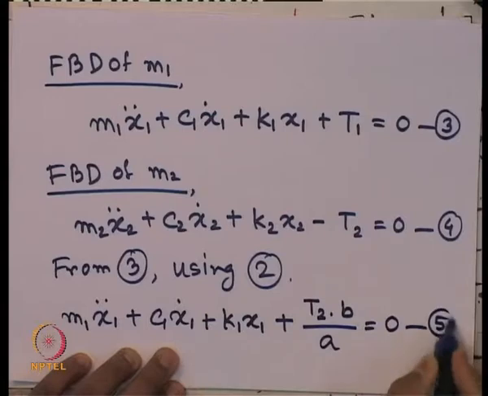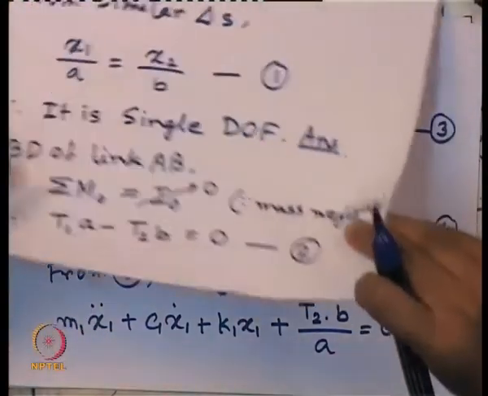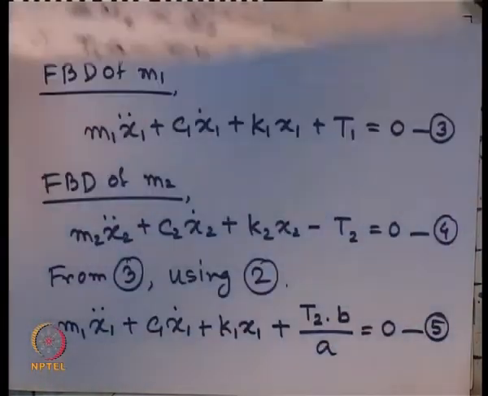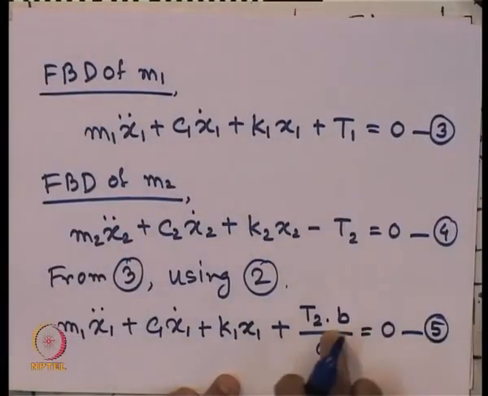That can be equation 5. Why? Because this T1 is nothing but T2 B by A. So, that is why I have written T1 as T2 B by A.